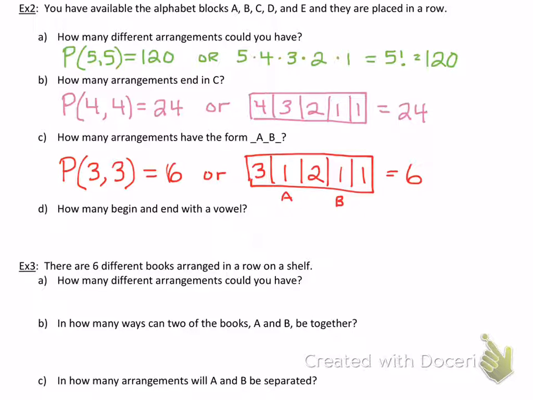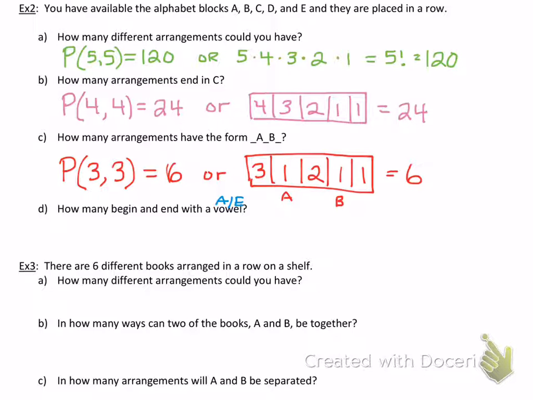It says how many begin and end with a vowel. Now, a vowel in this case is going to be A and E. Now, here's the catch. It doesn't say begin with A and end with E, so we could start with A and end with E, or we could have it start with E and end with A.